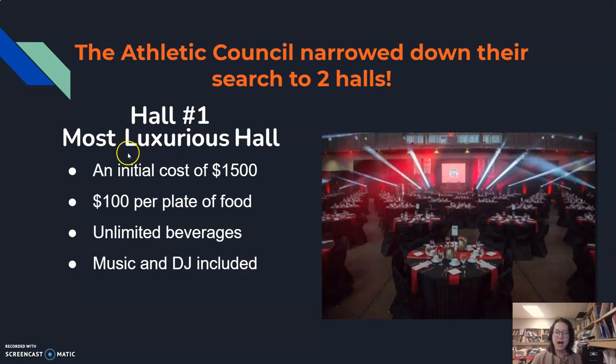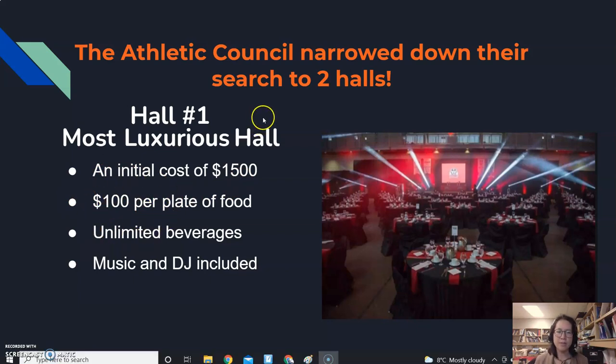It has a rather high initial cost. So just when you book the hall and you have it for your dinner, no matter what, it's going to cost $1,500. Now, in addition to this, each person will also have to pay $100 per plate of food, because they're going to be eating dinner.